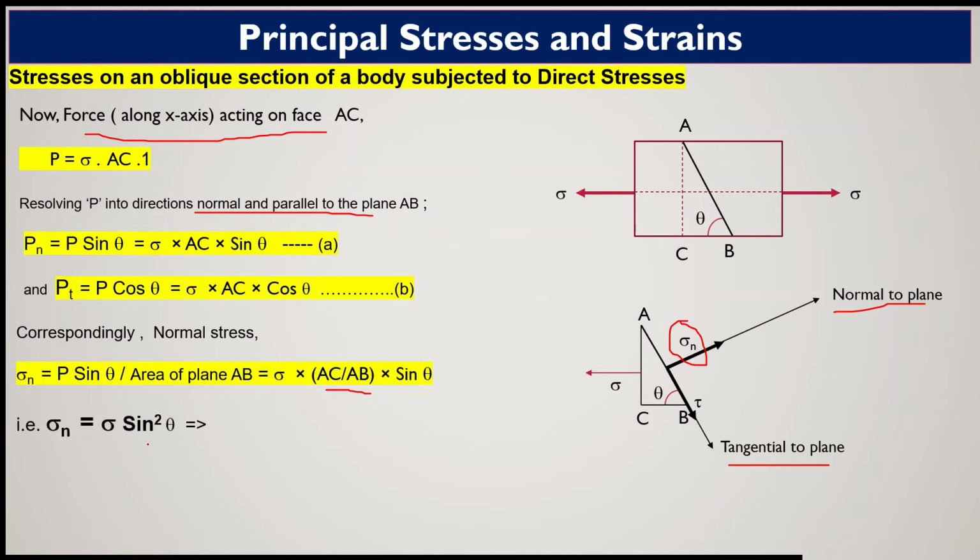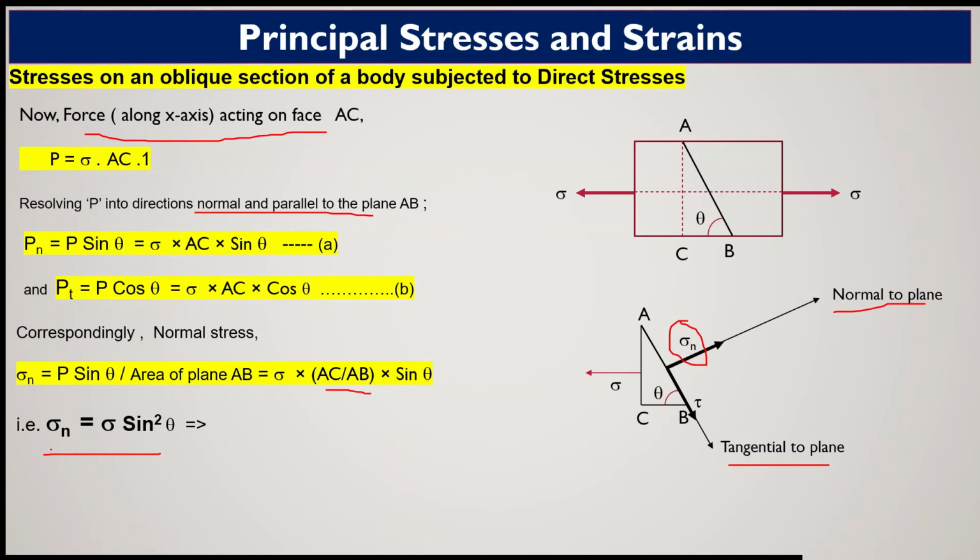Now from this triangle and putting in the values, AC by AB is sin theta, so we get sigma n is equal to sigma sin square theta.